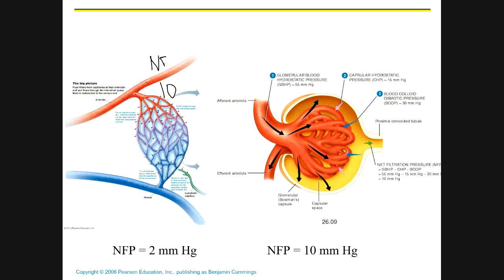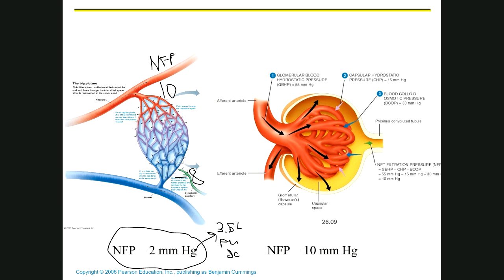But on the other end, we had a net filtration pressure of -8. So across this capillary, our net filtration pressure was 2. And remember, that pressure pushed out 3.5 liters of fluid per day.